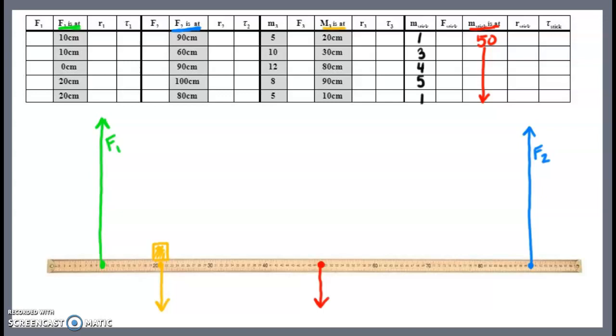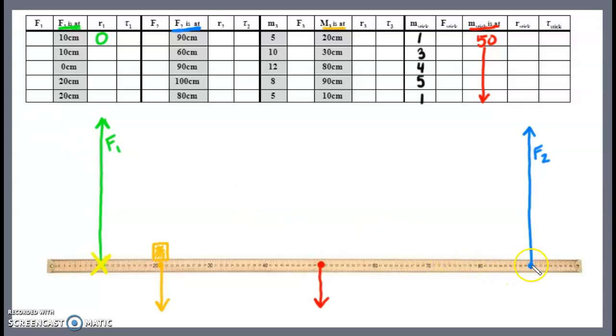Next, I'm going to pick a pivot point, and I'm just going to arbitrarily choose this point here. Now by choosing this point where one of my forces is at, I can start figuring out all my distances, my radius, the distance from this pivot point to each of my acting forces. So we'll start here with F1. What's the radius of F1? Well, if it's located right here at our pivot point, its radius is going to be 0. Now what about F2?